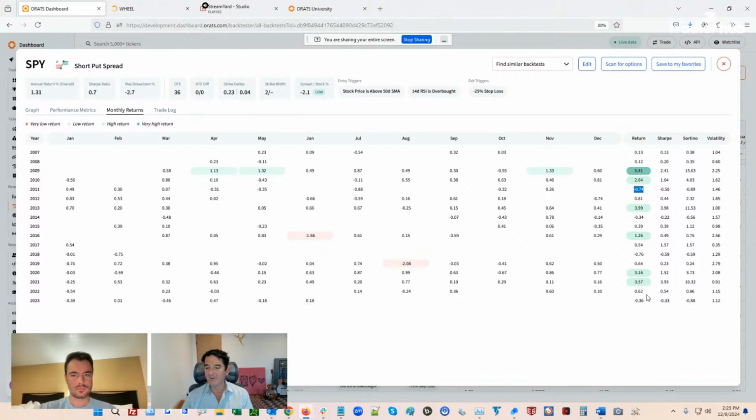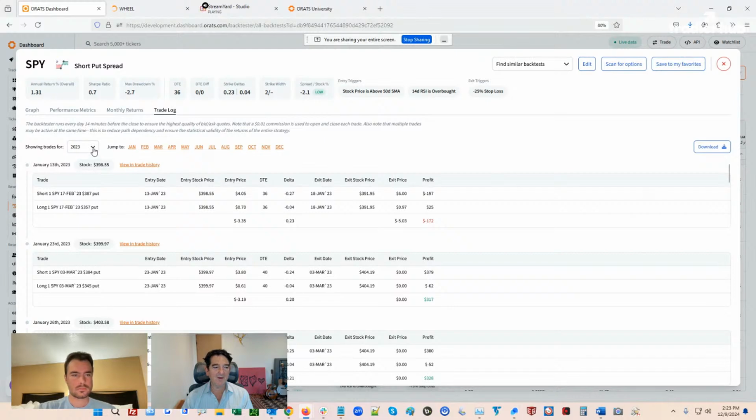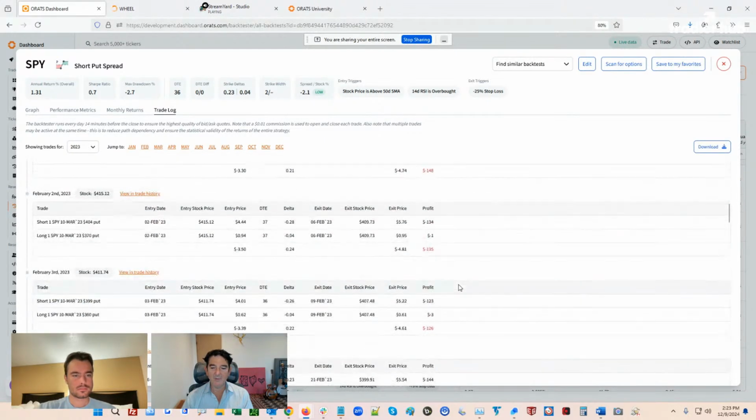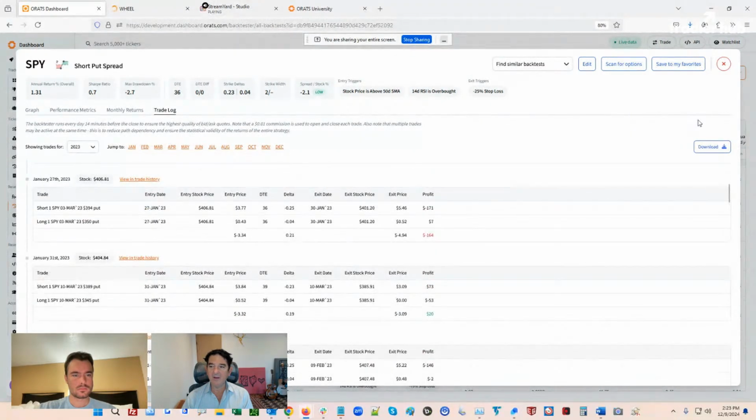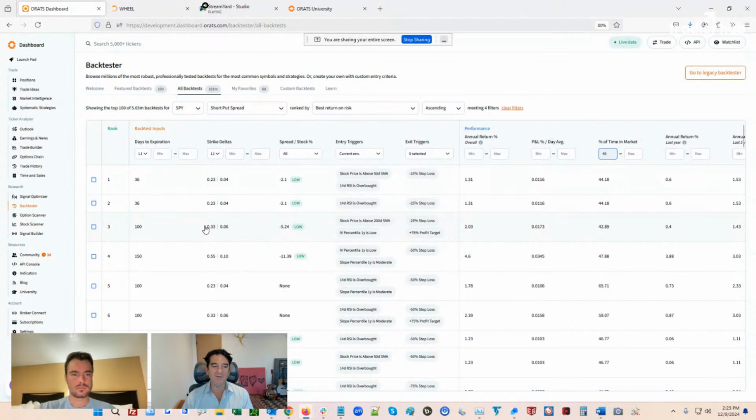And then there have been some 3% years, down a little bit this year, and you could see some of the trade logs and how they've looked, where you're making money and when you don't make money and what happens. So anyway, this backtester is, I think, very good, and I like that it uses some popular indicators, and then you can see how things work with those indicators, Tyler.